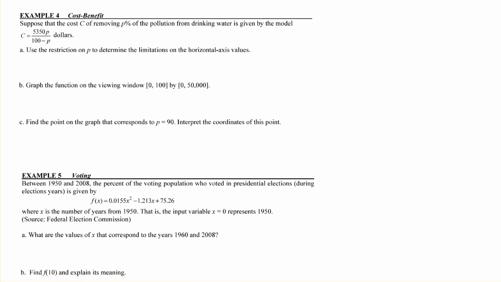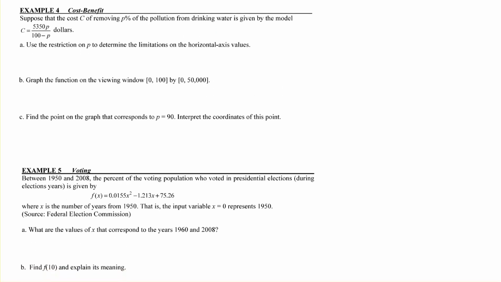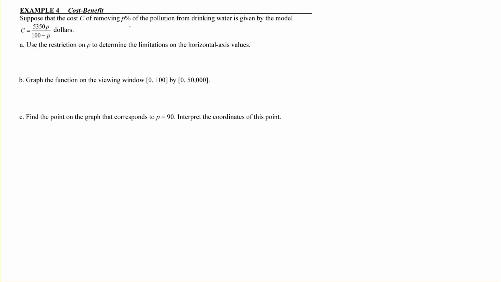All right, example 4 is talking about cost benefit. All right, the cost of removing P% of the pollution from drinking water is given by this model. The cost is 5,350 times P over 100 minus P in dollars.